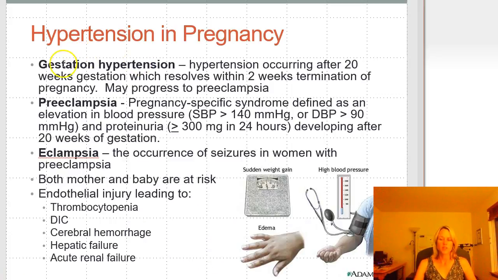Okay, gestational hypertension. This is defined as hypertension occurring after 20 weeks gestation. It may resolve within 2 weeks of termination of pregnancy, and it may progress to preeclampsia.